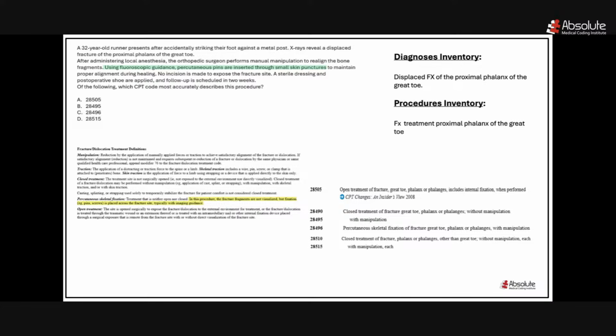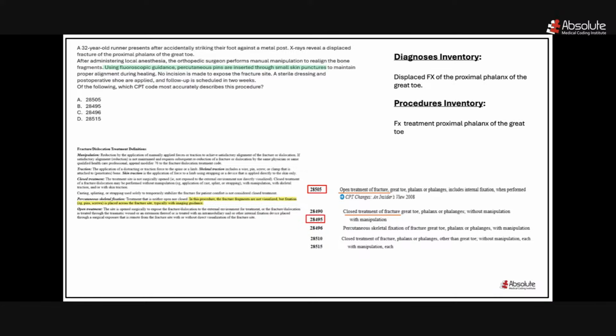Also, it is not an open treatment. It was mentioned that there was no incision made to expose the surgical site. So this one qualifies for a percutaneous skeletal fixation, which means it's not an open treatment. That eliminates 28505.